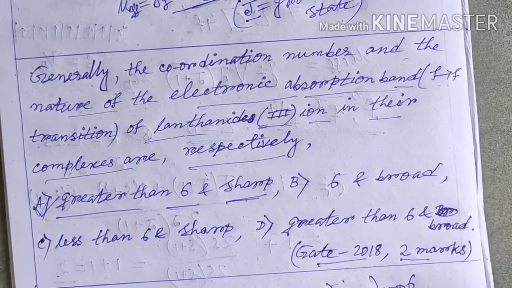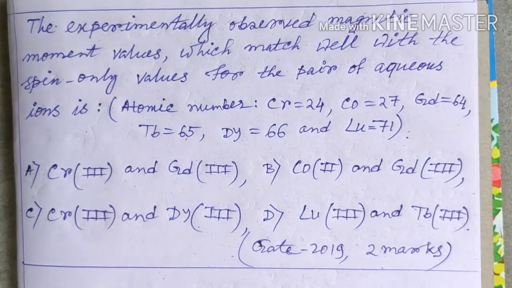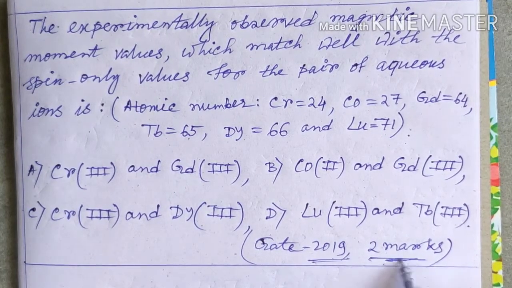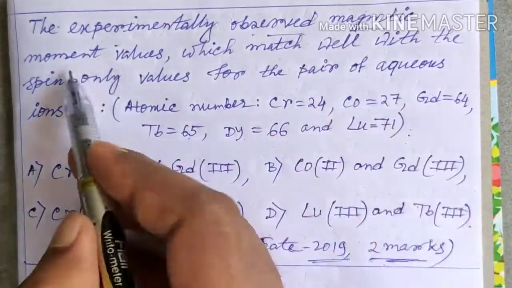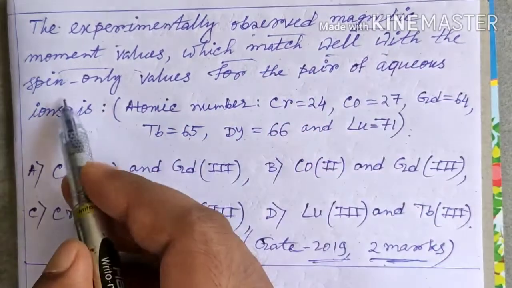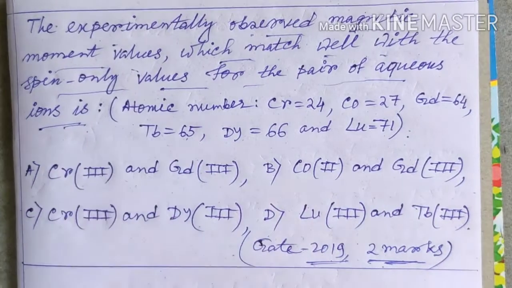So next, go to the last question of this discussion. It came in GATE 2019 for 2 marks also. It is asked that the experimentally observed magnetic moment matches well with the spin only values for the pair of the aqueous ions.